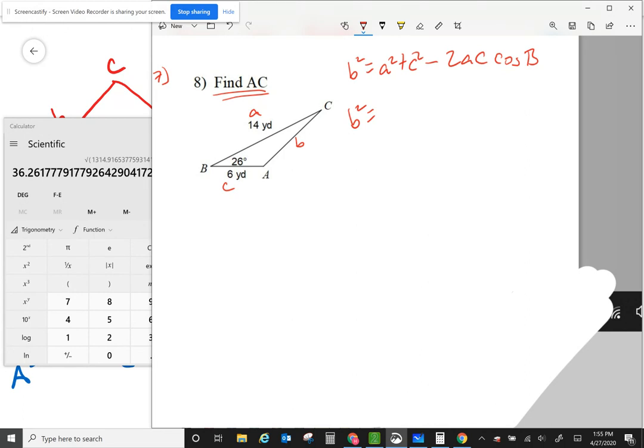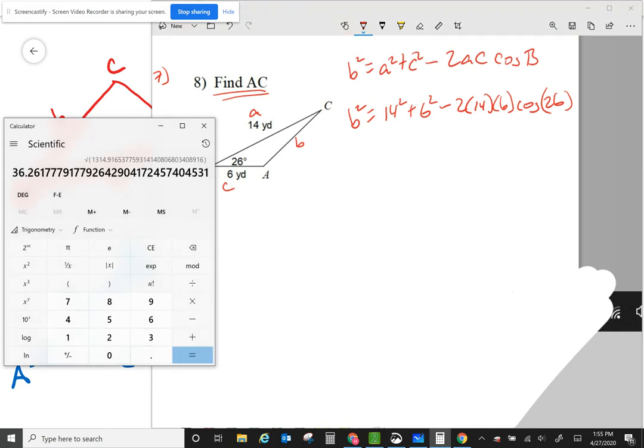So I have that 14 squared plus 6 squared minus 2 times 14 times 6 times cosine of 26. I'm literally going to type this in. So I'm just going to go 14 squared plus 6 squared minus 2 times 14 times 6 times cosine of 26.